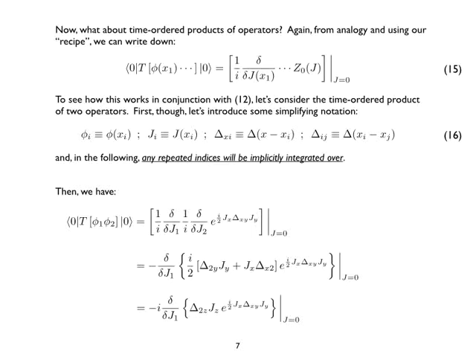And so when you start doing these things, it's going to pull down factors of this stuff. So you can see that when I take the functional derivative with respect to J2, I'll have two terms. I'll have a term where it hits this guy, and then a term where it hits this guy. When it hits this guy, it's going to give me a delta function that sets x to 2 or 2 to x.